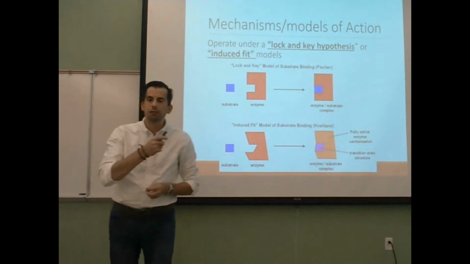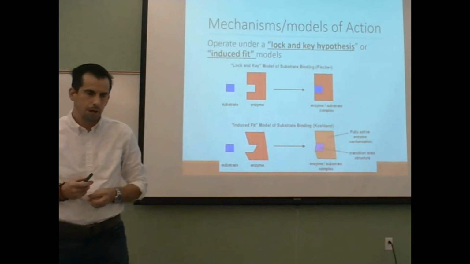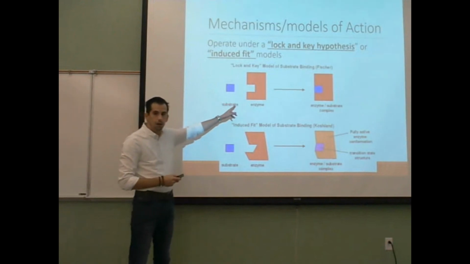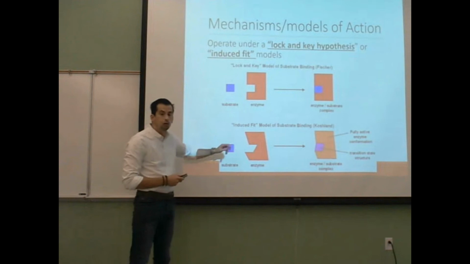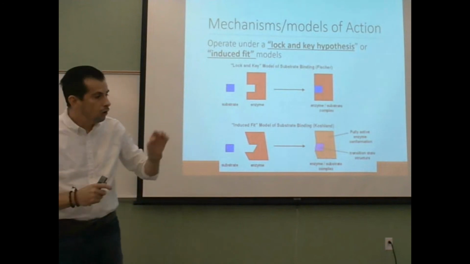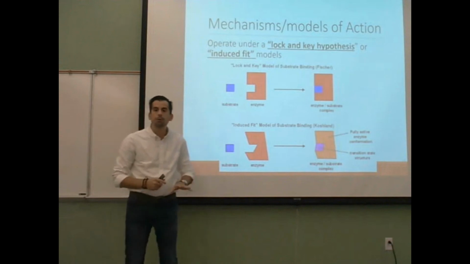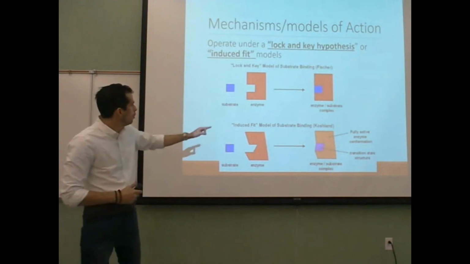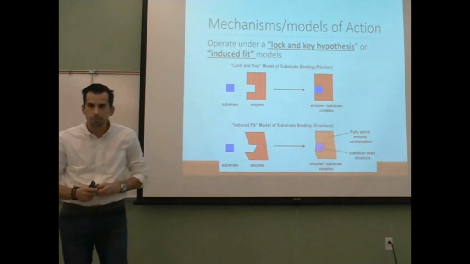Any enzyme's activity can be described using either the lock and key or the induced fit model. So we can look at any reaction taking place, any enzyme's activity, and we can describe that reaction using the lock and key hypothesis.